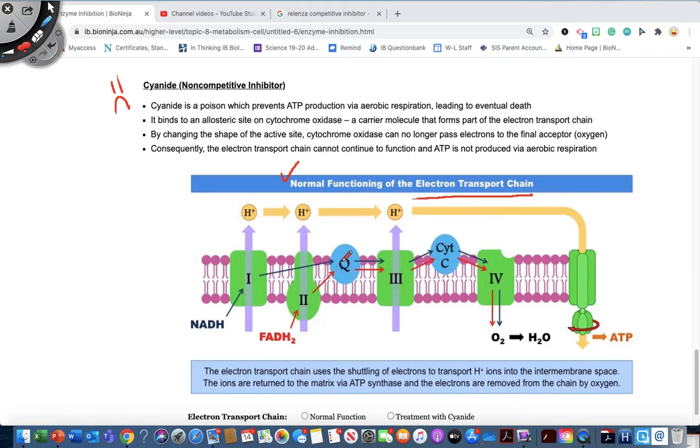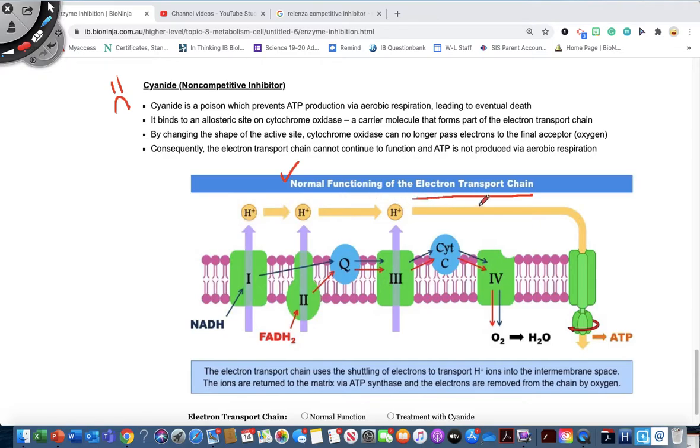While these electrons move from one protein to the other, this causes the release of hydrogen ions. So electrons shuffle around these proteins, and hydrogen ions are released into the intermembrane space.